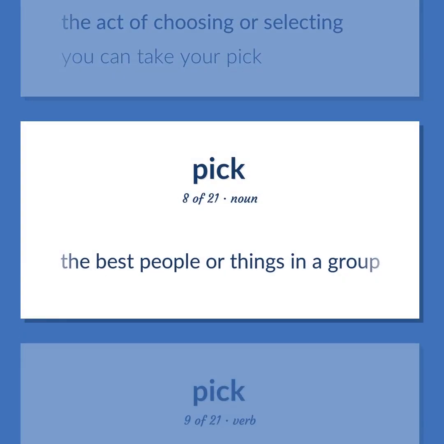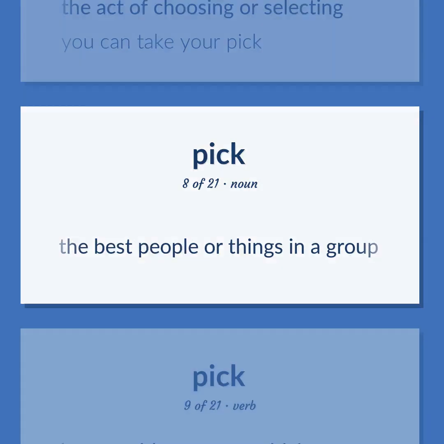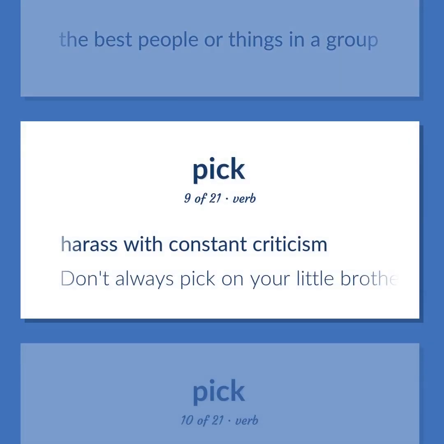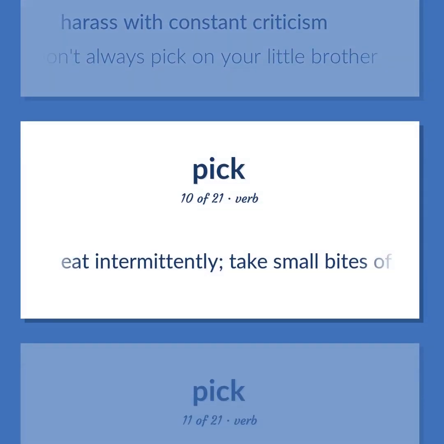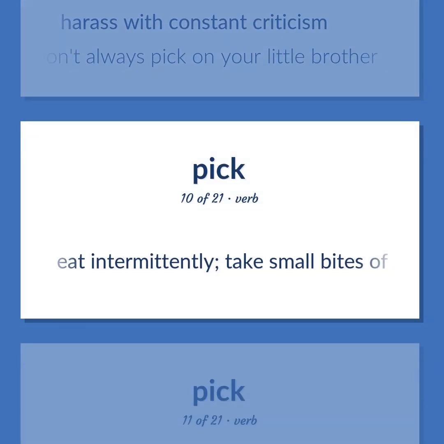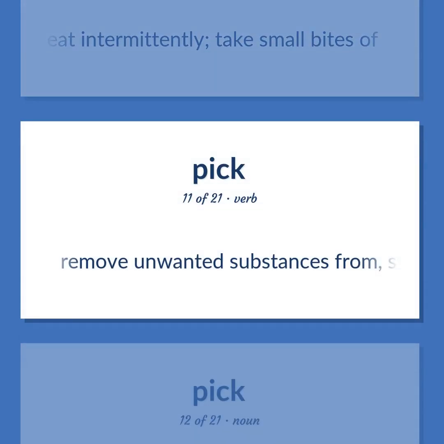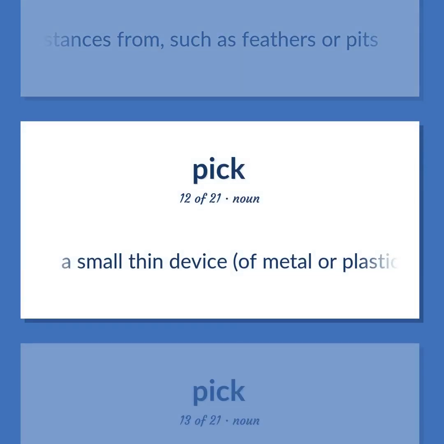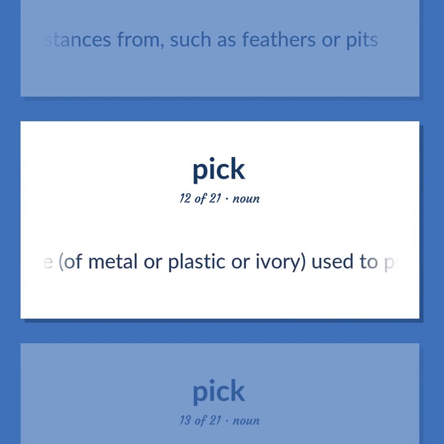The best people or things in a group. Harass with constant criticism. Don't always pick on your little brother. Eat intermittently. Take small bites of. Remove unwanted substances from, such as feathers or pits. A small thin device, of metal or plastic or ivory, used to pluck a stringed instrument.